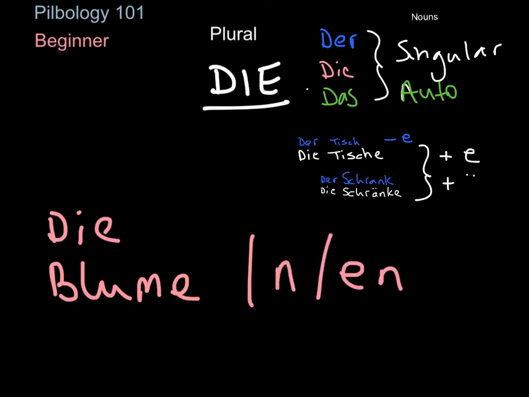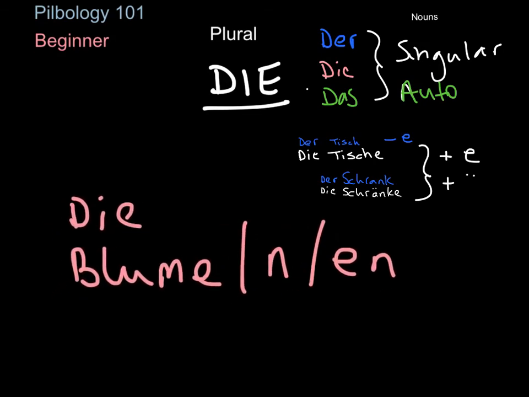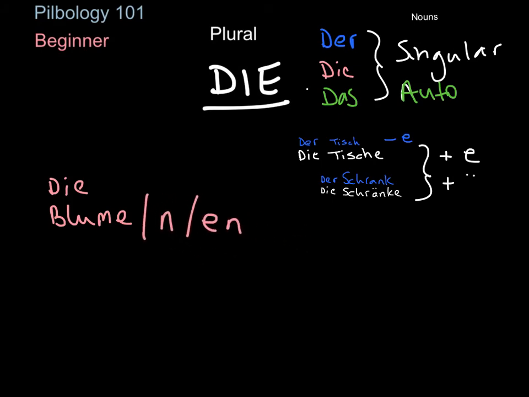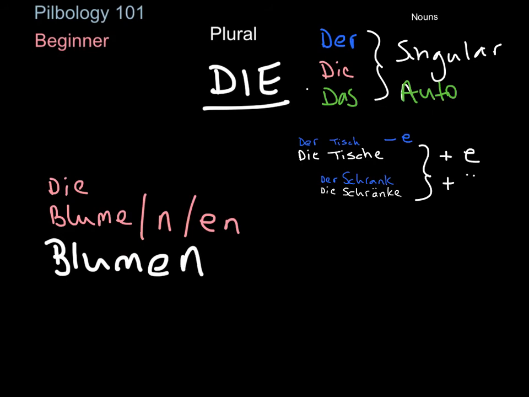Okay? Now, given that, for example, this word die Blume already happens to end in an E, for the plural you would just simply add the N.